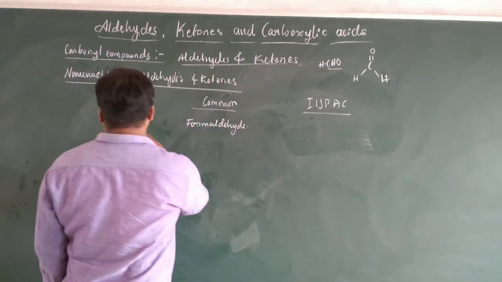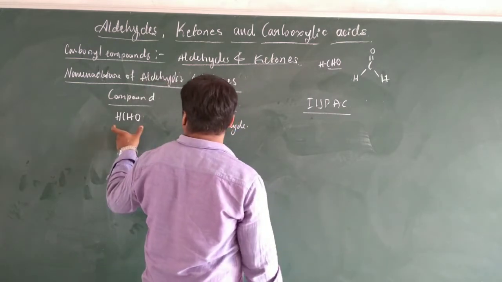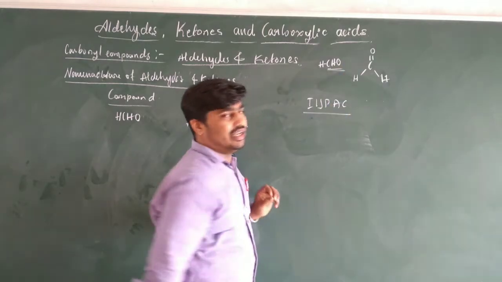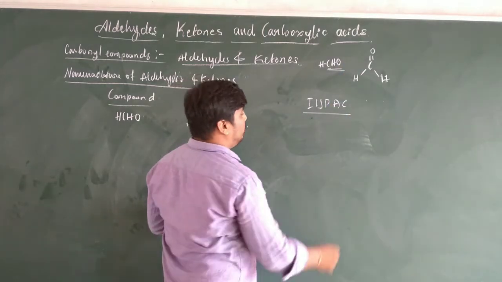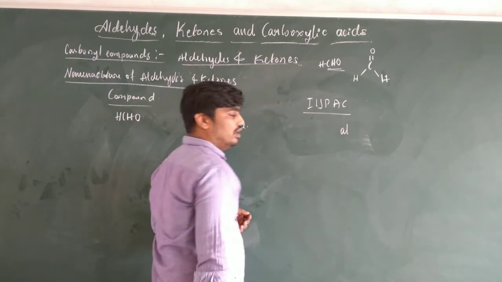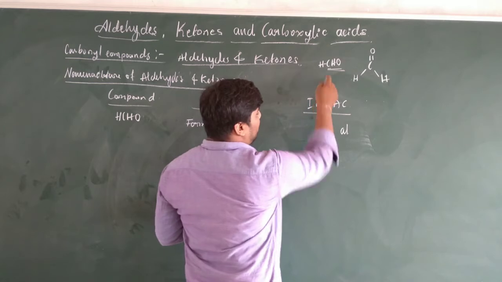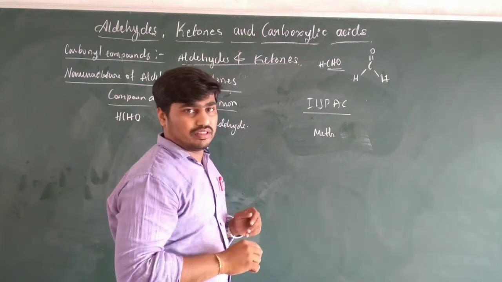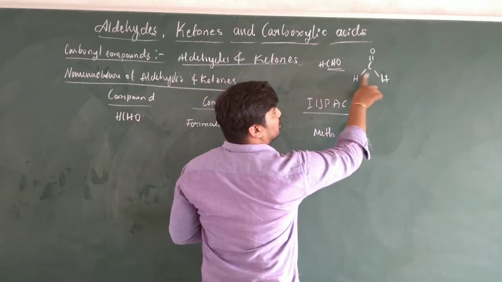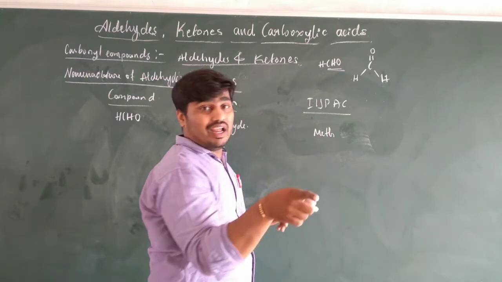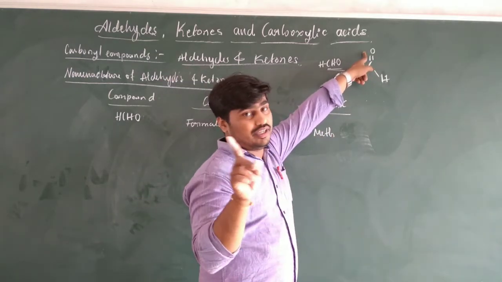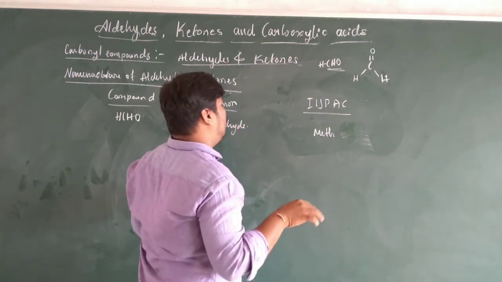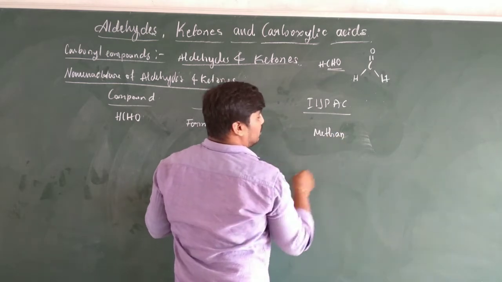Next, the IUPAC system. In the IUPAC system, how to name this compound? It contains the aldehyde functional group, therefore we should use Al. Next, how many carbons? One carbon. For one carbon, the root word is meth. The chain contains single bonds, therefore methane.